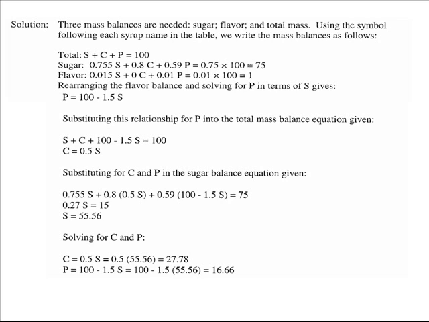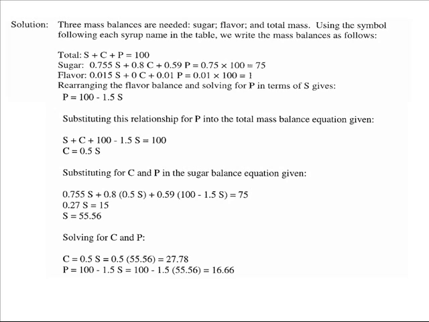All you have left is the percentage in the sorghum, the percentage in the semi-syrup, and 1 on the other side, which is the amount that you eventually want. Once you rearrange it, you multiply by 100, or divide by 0.01, pretty much the same thing. You end up with P equals 100 minus 1.5 S.